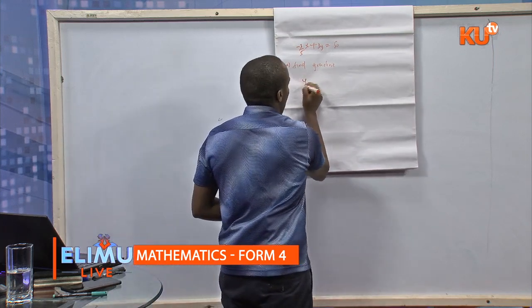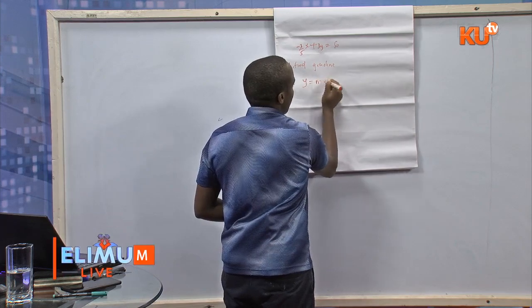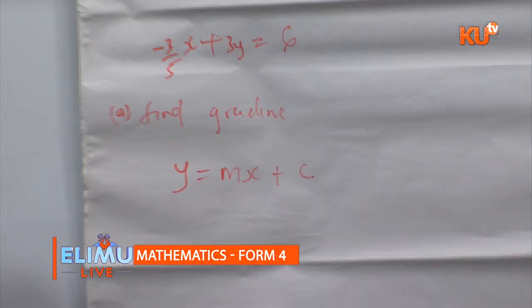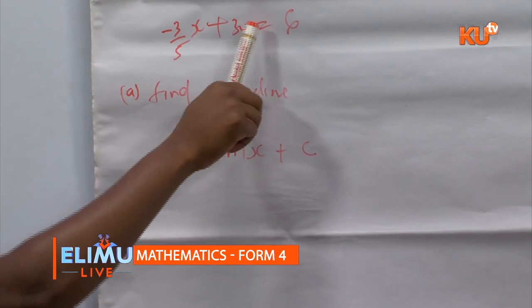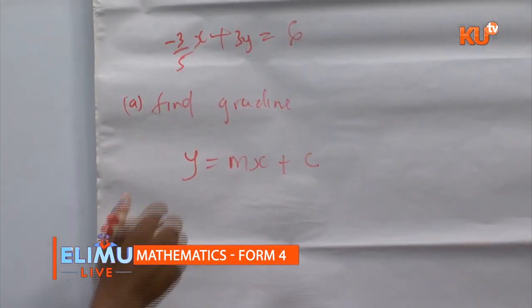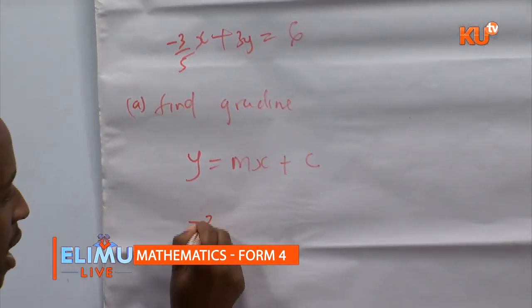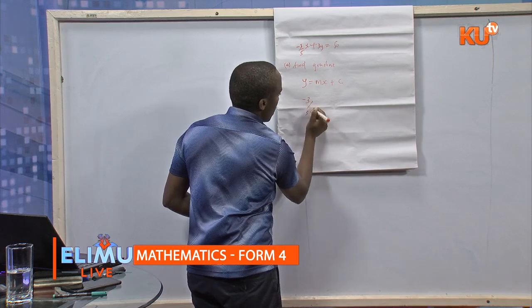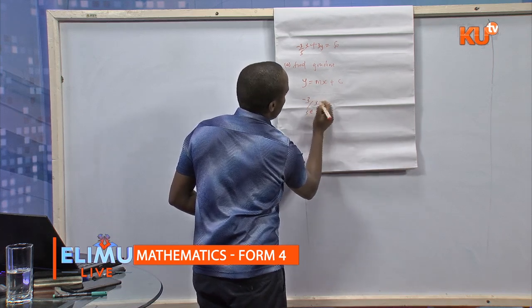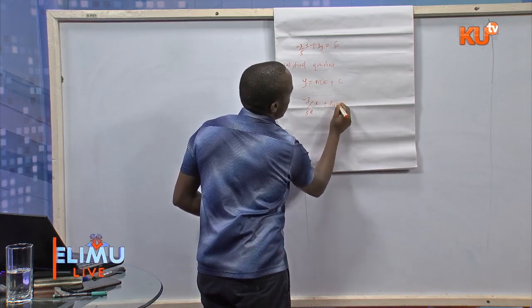We said y = mx + c. Having known that, you just make y the subject of the formula for the equation given there. So a fifth x plus a third y is equal to 6.